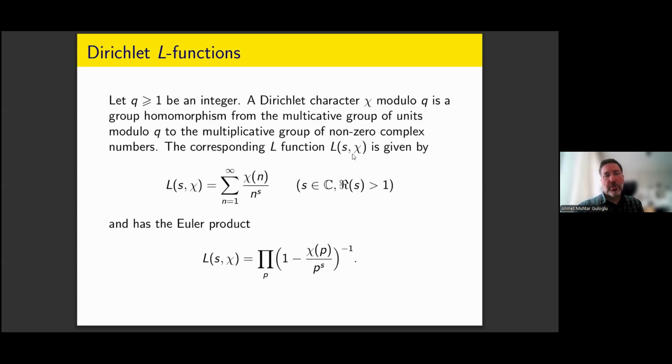Now, for each character chi, you define an L function. This is also convergent for real s greater than 1, absolutely convergent, and then you have an Euler product. But the difference from the zeta function is that this one is also conditionally convergent in the region real s greater than 0.